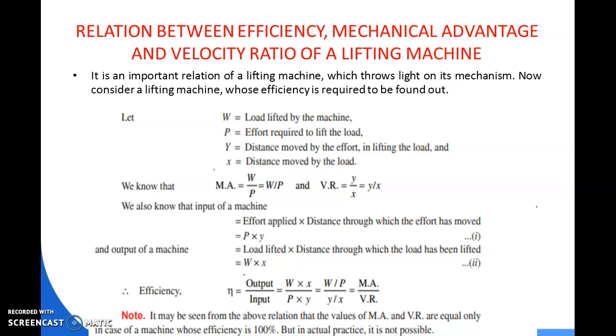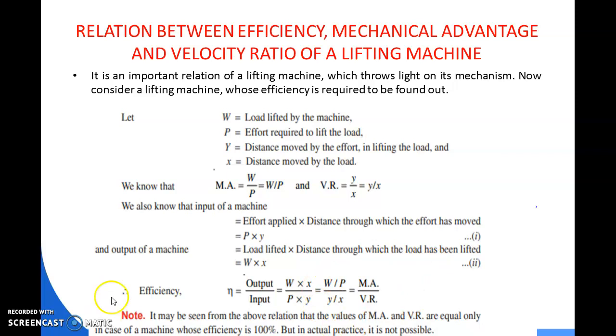According to the definition, we know that mechanical advantage, that is MA, is equal to W by P, and velocity ratio, that is VR, is equal to Y by X. As per the definition of input of a machine, we know that the input of a machine is the product of effort applied and distance through which the effort has moved.